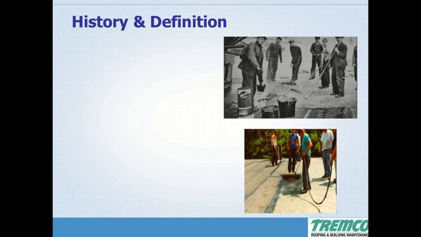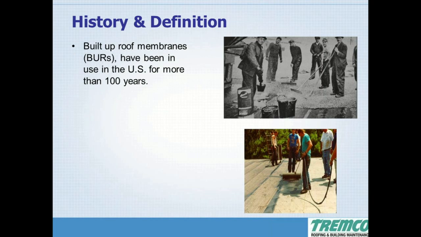First, to start off, a little bit of history and the definition of a built-up roof. Built-up roof membranes, you also hear them referred to as BURs. They've been in use in the U.S. for more than 100 years. They're commonly referred to as tar and gravel roofs.